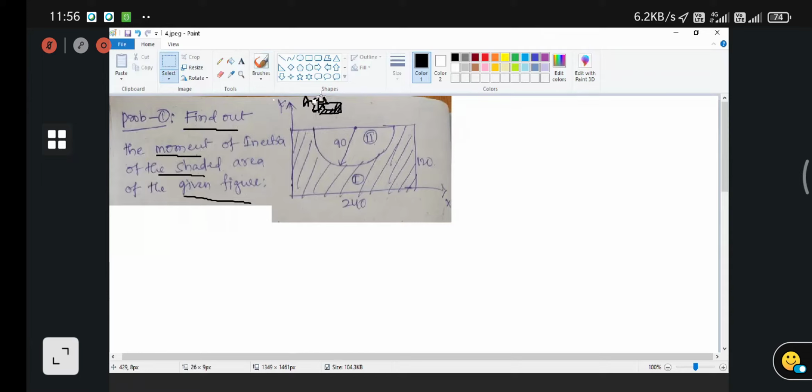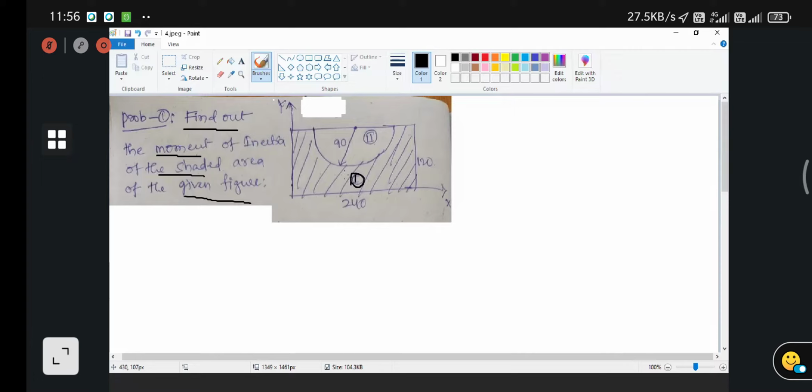For that, I will use the concept of the parallel axis theorem. First, divide the given section into a number of sections.